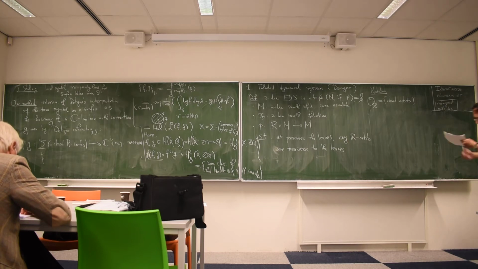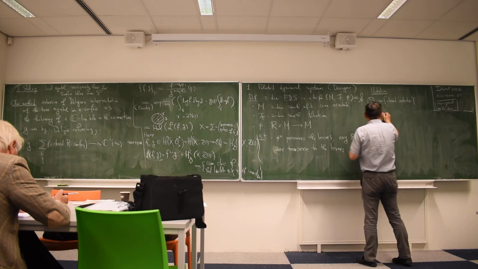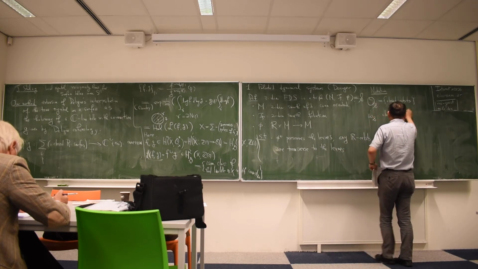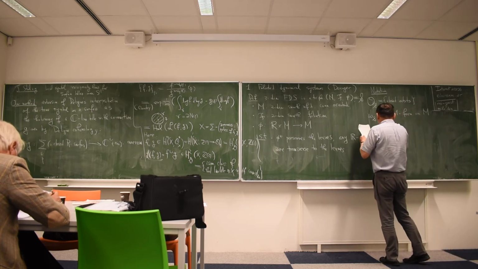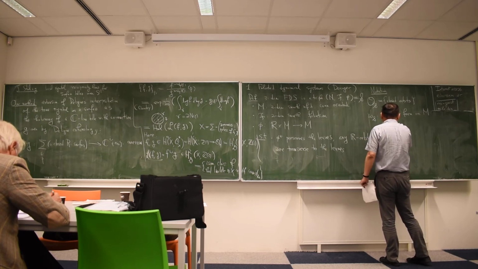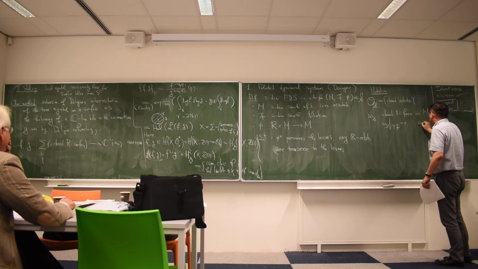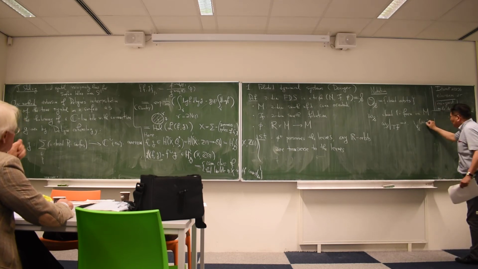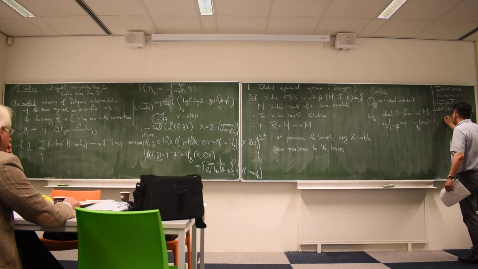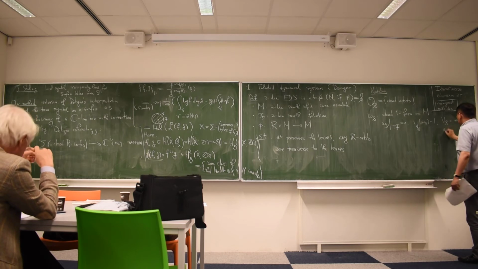And an important thing is that omega_S is a closed one-form defined globally on M, such that omega_S restricted to the tangent bundle of the foliation is 0, and the value of omega_S at V_S is 1, where V_S is the vector field generated by the flow.